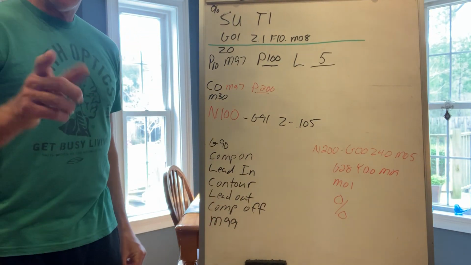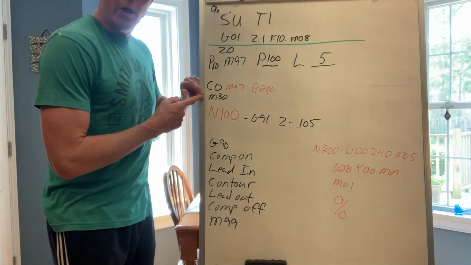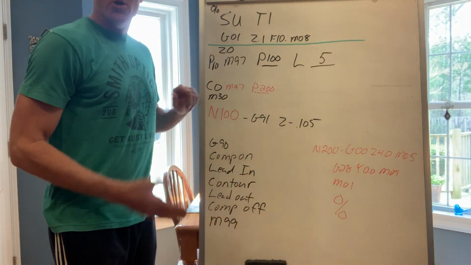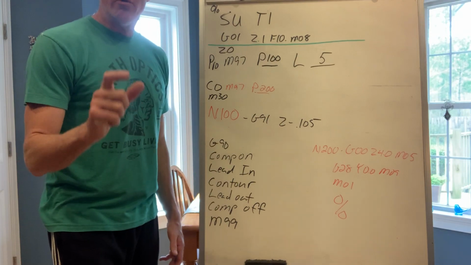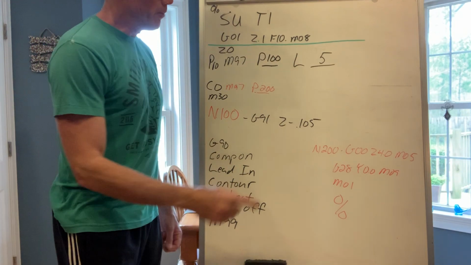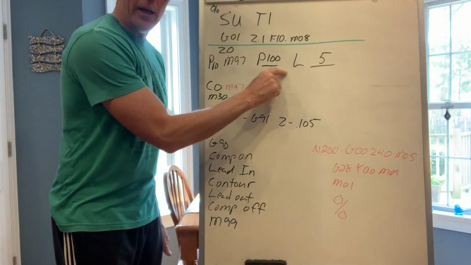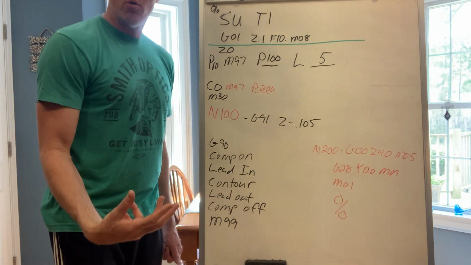Just remember the key important facts. Write your sub after the N30, but before the final percent sign. You can have as many subs as you want. You just have to make sure that the subroutine line coincides with the P number, with the P line. Whatever P line you have, you've got to make sure that it coincides with that.